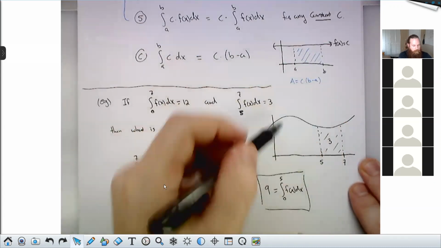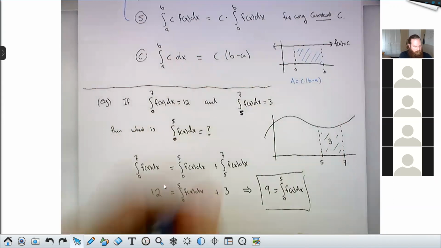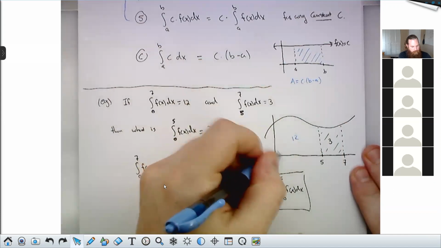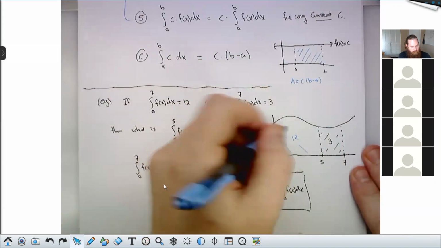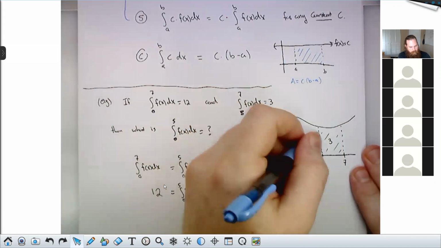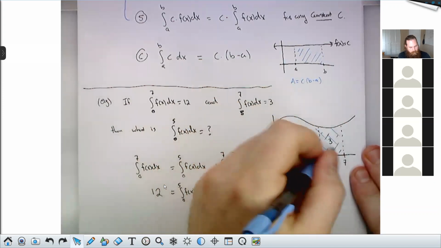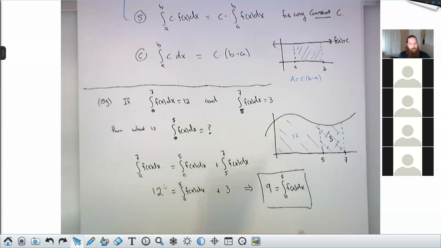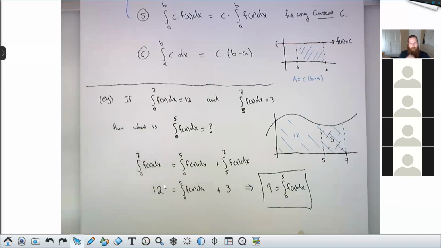So if the whole area is 12 and this little portion is 3, then this portion has to be 12 minus 3. Is that making sense?